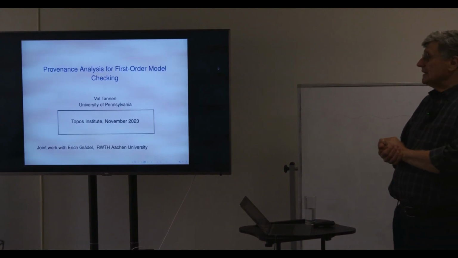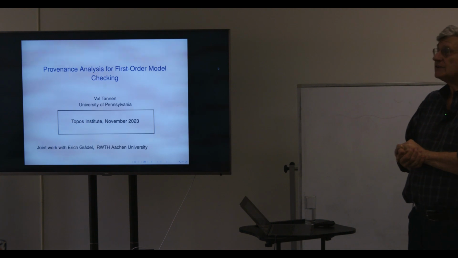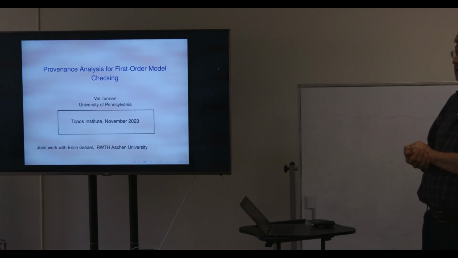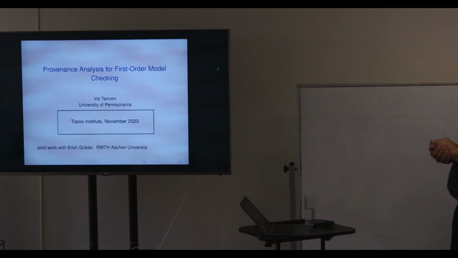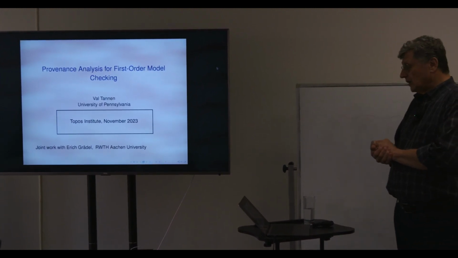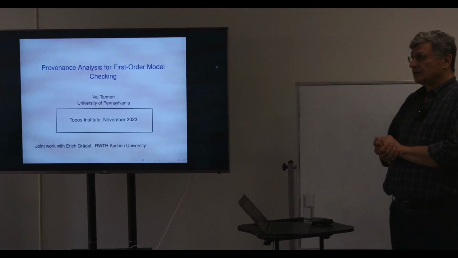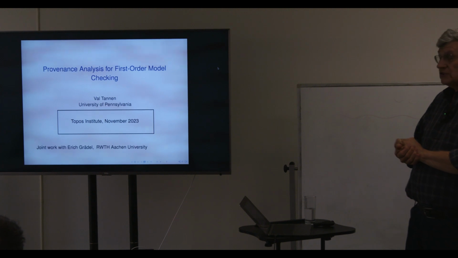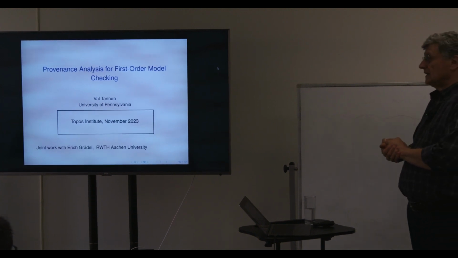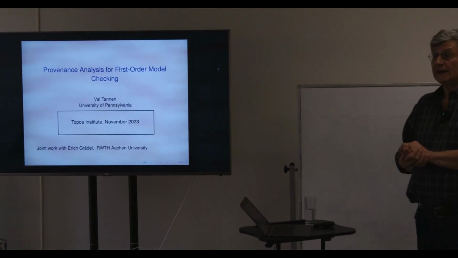The other one is first order, which means that we're going to look at the language of first order logic. And the third one is model checking. And here I did not obviously put it in the title, but the kind of model checking that we are interested in is finite model checking.